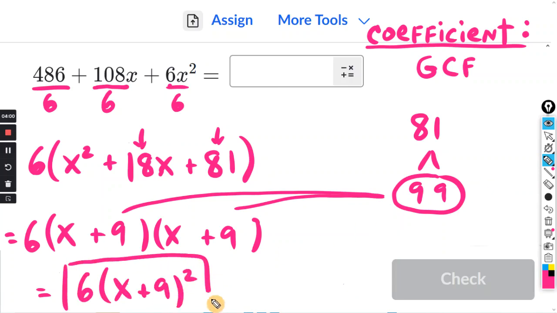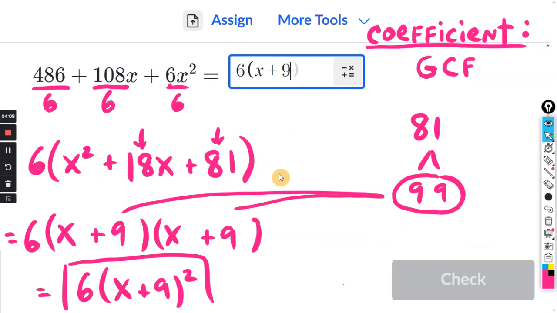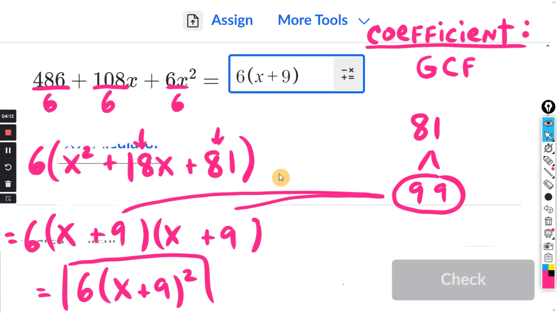So that is what we're looking at. In the box, type 6, parentheses, x plus 9, close parentheses, and I use shift 6 for the exponent and type the squared, or you can use this menu here and find the exponents.